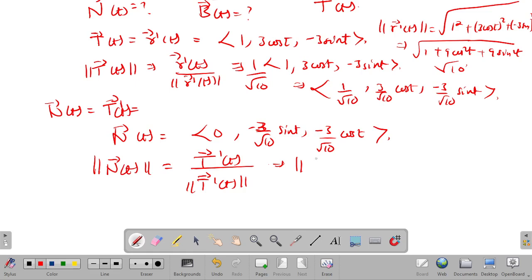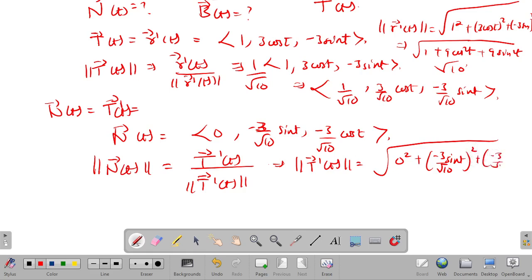So the length of T prime of t is going to give us the square root of 0 squared plus negative 3 over root 10 sine t all squared plus negative 3 over root 10 cos t all squared. The 0 is gone.